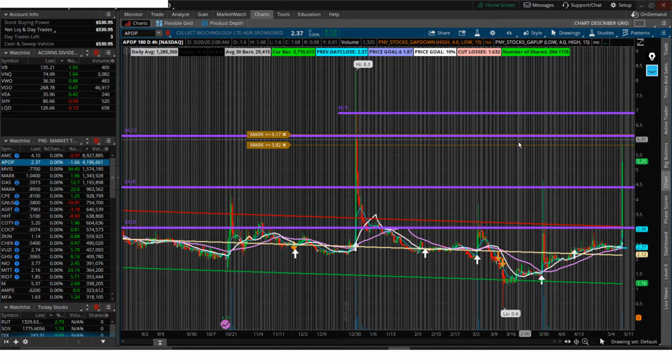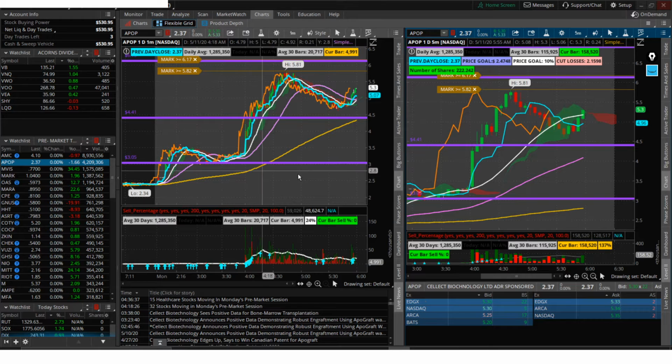I know there's good news, but like I said, it's going to spike up just enough and then sell off for the rest of the day. So for me, this is a good short position. Once it reaches its high, you can definitely make more money on the short position rather than on the long. So this is a good short position for APOP.